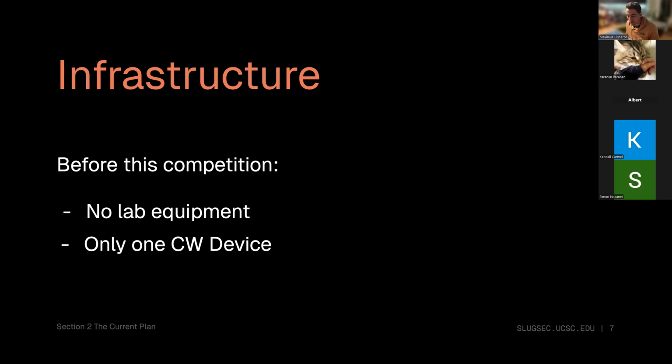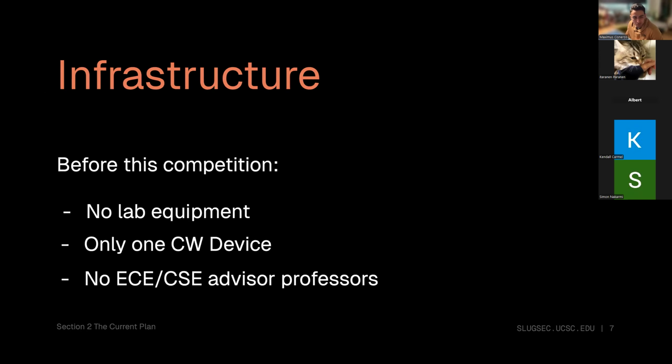But besides that, nobody had studied any of the glitching capabilities that the device offers. And finally, we didn't really have any ECE or CSC advisor professors. Our only advisor, I think, was Cardenas, a cryptography advisor, so there was no way to really get help when we needed it.